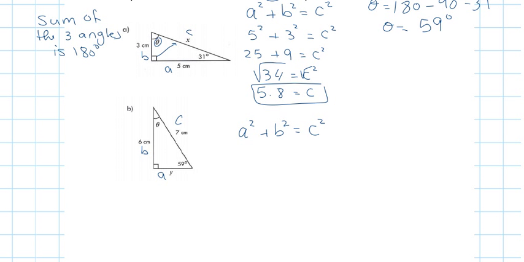Yeah, a squared plus 6 squared equals 7 squared. So a squared equals 7 squared minus 6 squared, right? Because you want to do... actually, you know what? I'm going to leave you guys to do this step.